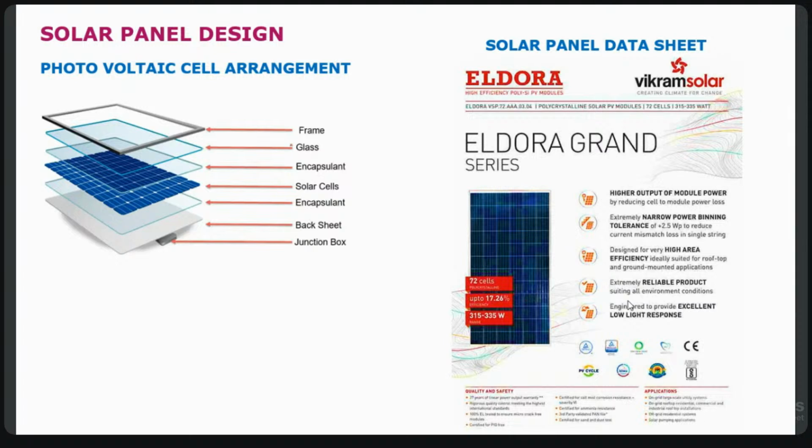If it is 72 cells and one single cell generates 0.6 volts, then 72 into 0.6 is near 43 or 44 volts. So a single module generates nearly 45 volts, and nearly 7 amps maximum current.